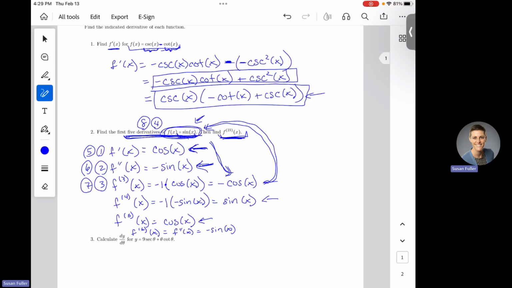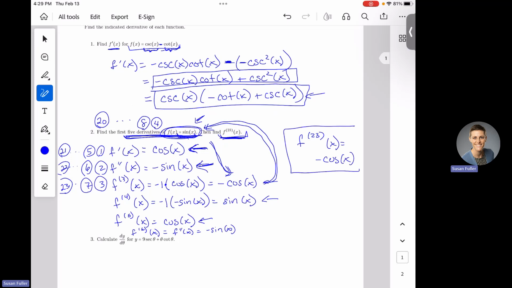So you could keep doing that until you get to 23. And you will eventually find that this is going to be your 20th derivative. This is going to then be your 21st derivative. This then is going to be your 22nd derivative, and this will be your 23rd derivative. So f 23rd will be negative cosine of x.